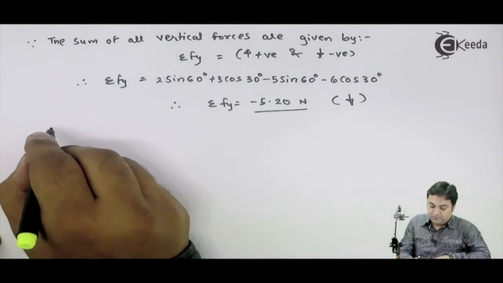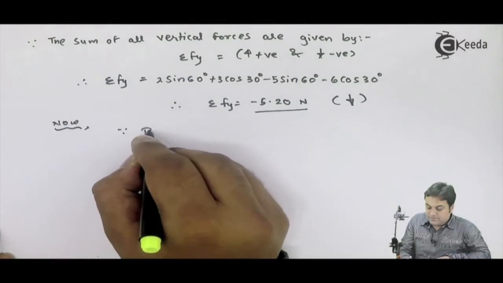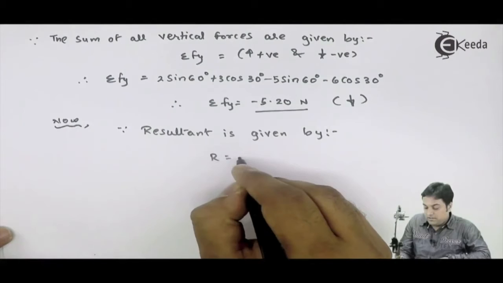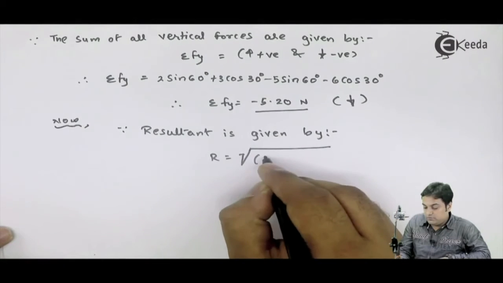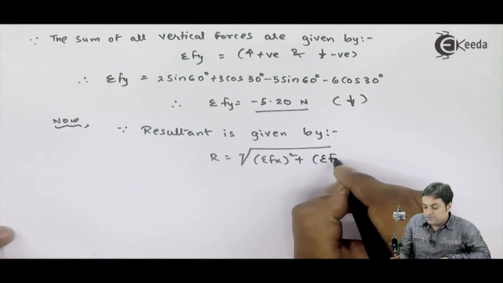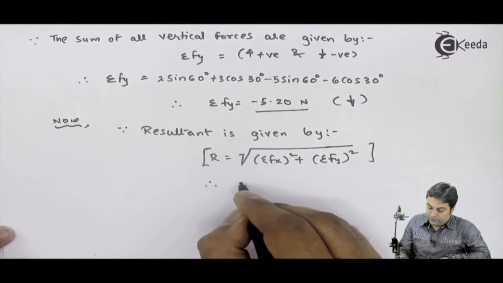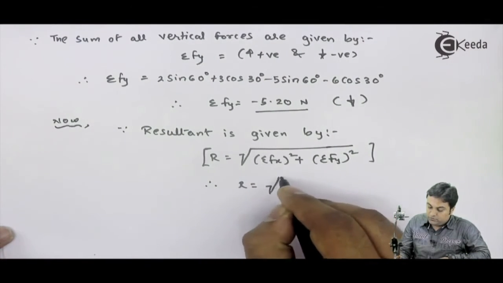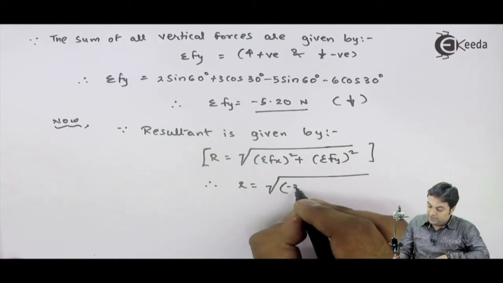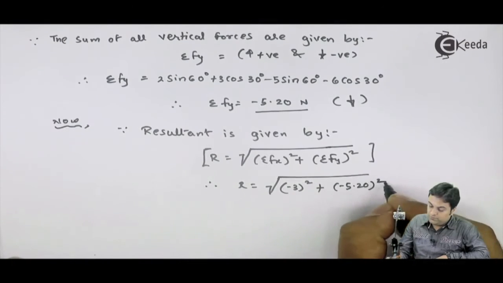After this, since the resultant is given by R equal to square root of summation Fx squared plus summation Fy squared, R is equal to square root of minus 3 squared plus minus 5.20 squared.